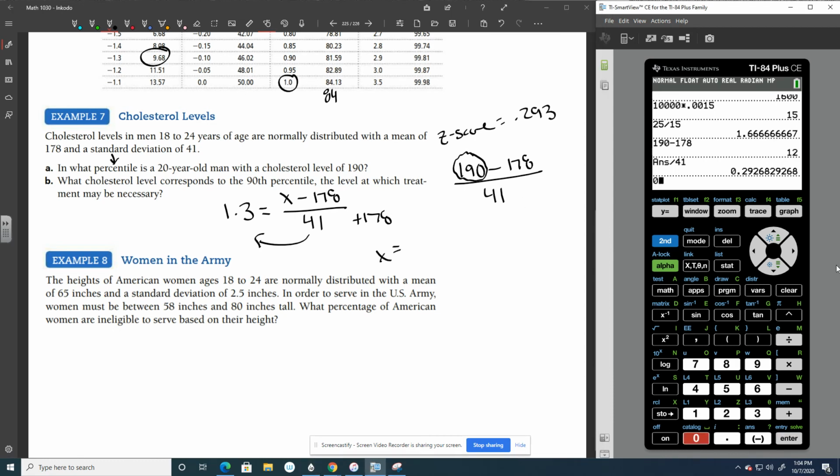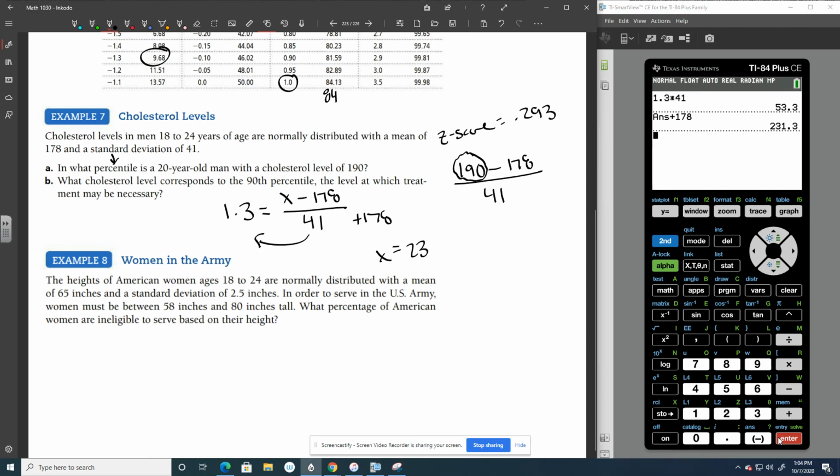So let's do 1.3 times 41, hit enter, 53.3, and then add 178. So 231.3 is the cholesterol level that corresponds with the 90th percentile.